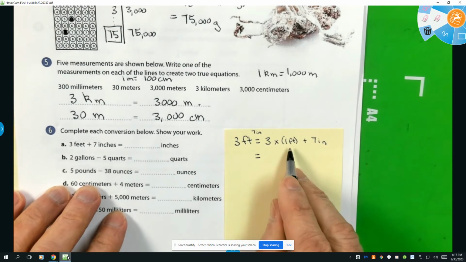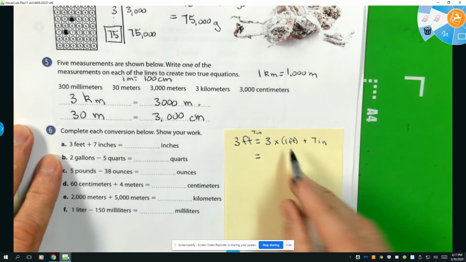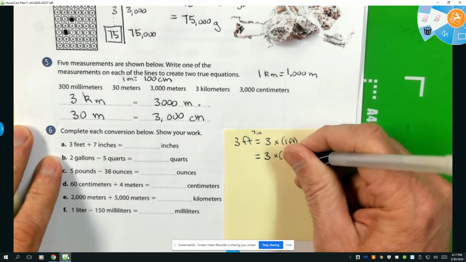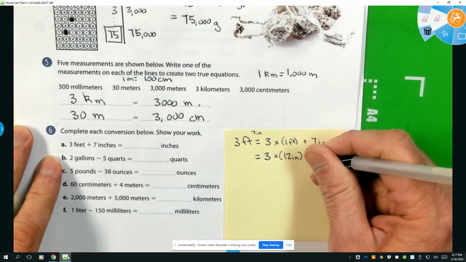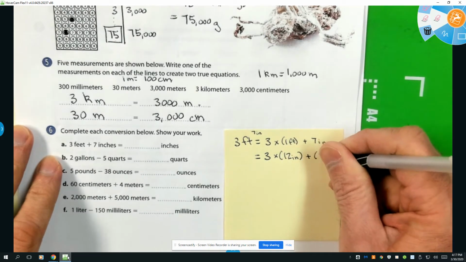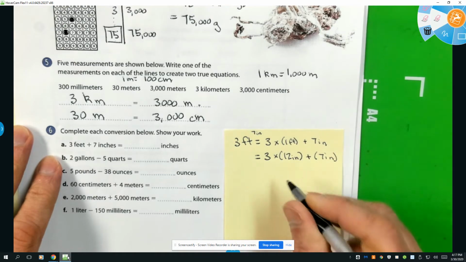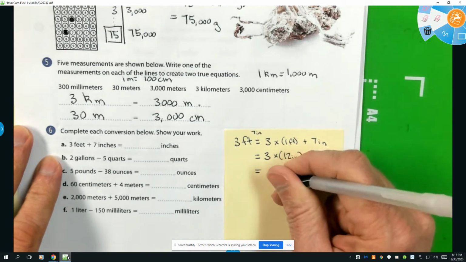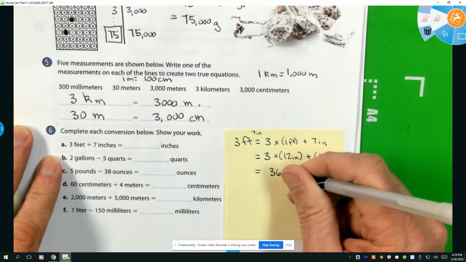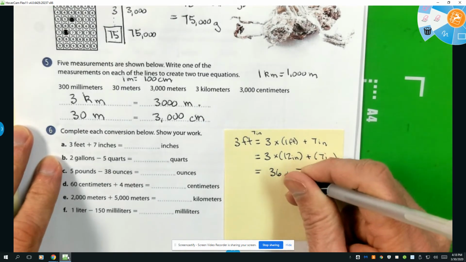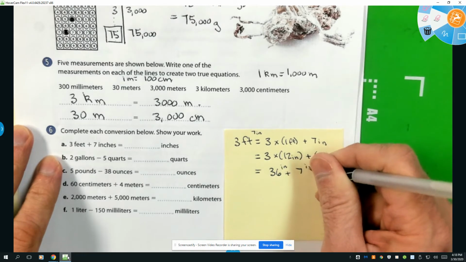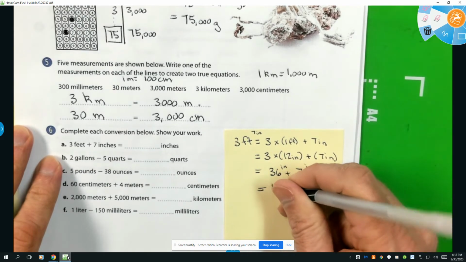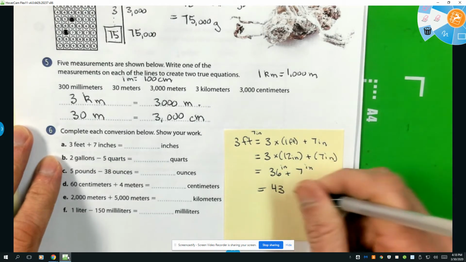How many inches are in a foot? That's the same as saying 3 times 12 inches plus 7 inches when we're done. So now, what's 3 times 12? Well, that is going to be 36 plus 7. Both are inches. What's our total? 36 plus 7, 43 inches.